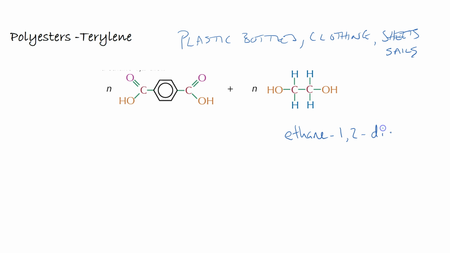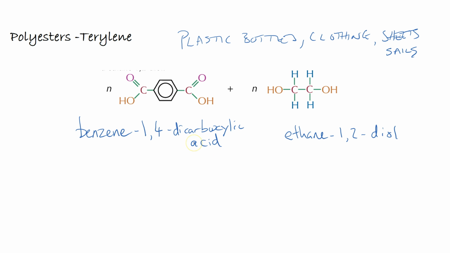We have to specify the position because the alcohol could be on either end of the carbon, so it could be both on the first carbon or on the first and the second. And then the other monomer, which is a little bit more difficult, is benzene-1,4-dicarboxylic acid.